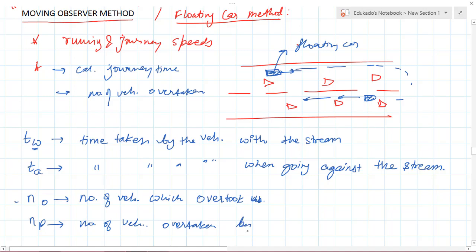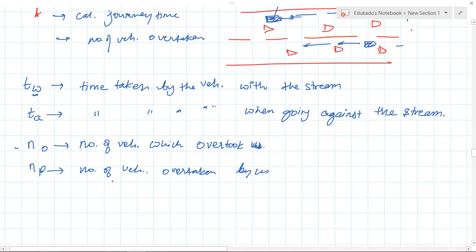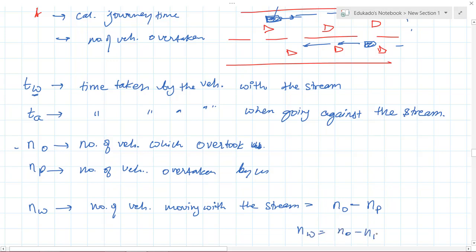There's one more term, NW. It is the number of vehicles moving with the stream. It is nothing but the number of vehicles that have overtaken us minus the number of vehicles that we have overtaken. So from here I can say that NW is equal to NO minus NP.